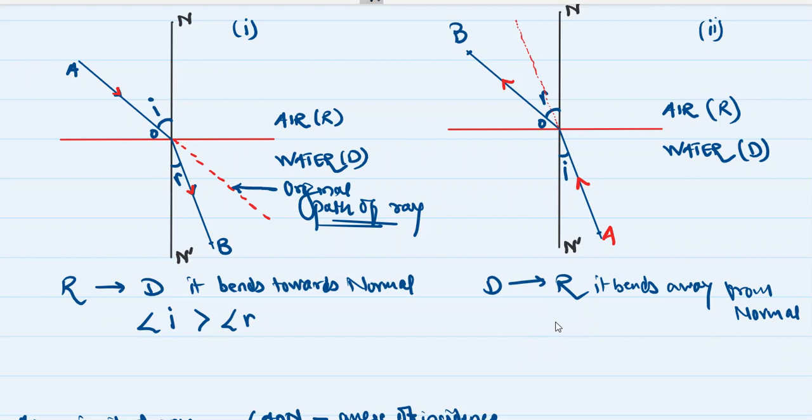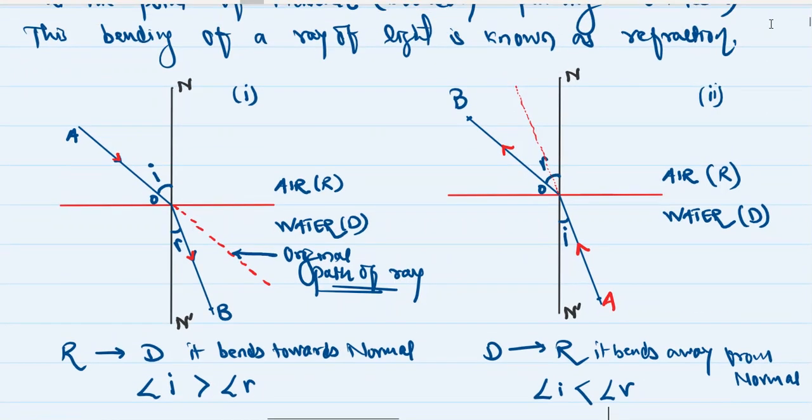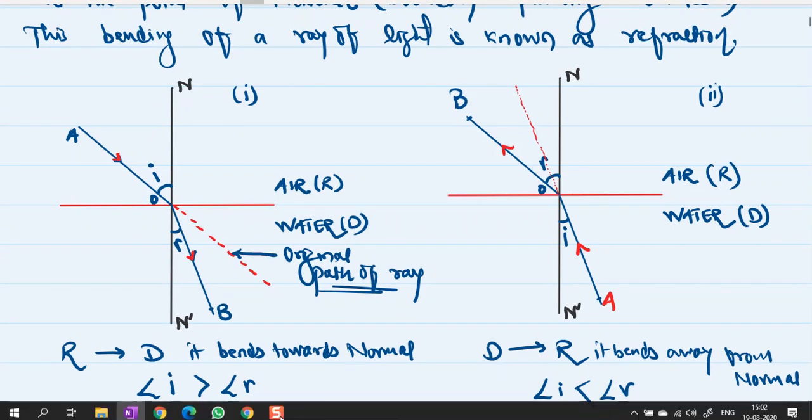And one more important thing over here, the angle of incidence, that is the angle formed between the incident ray AO and normal, is smaller than the angle of refraction, exactly opposite of what was happening before. So these are two more important characteristics when you are studying refraction of light.